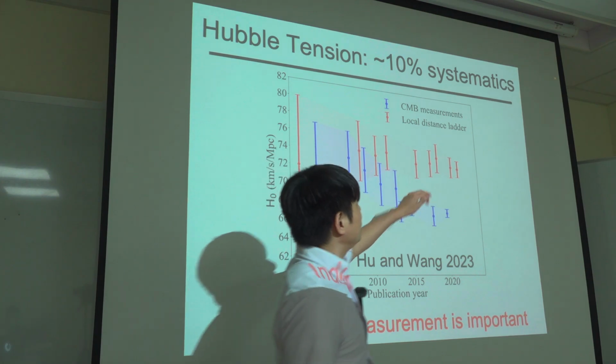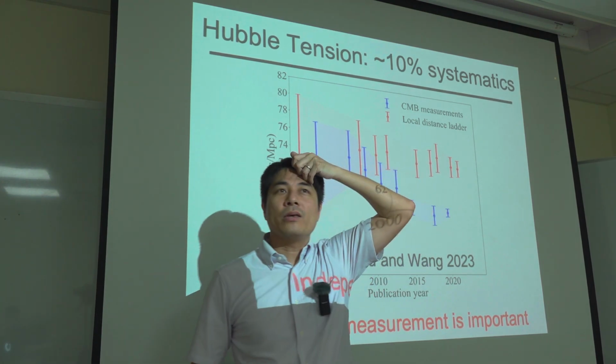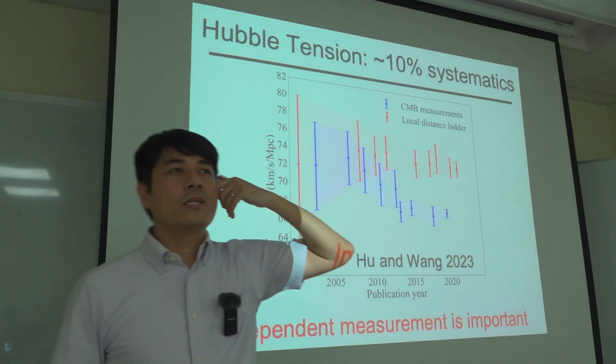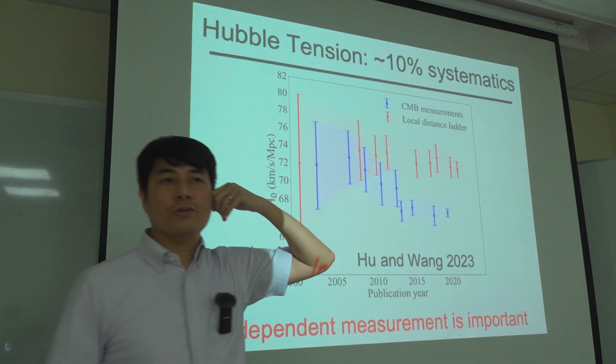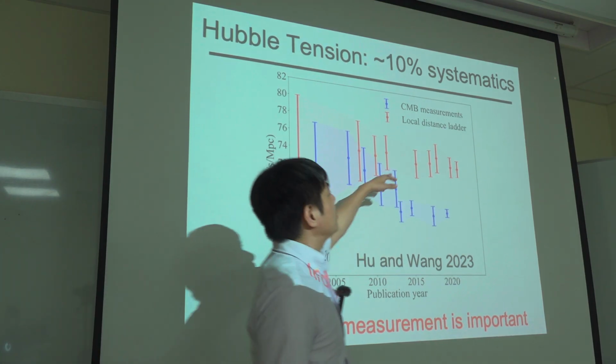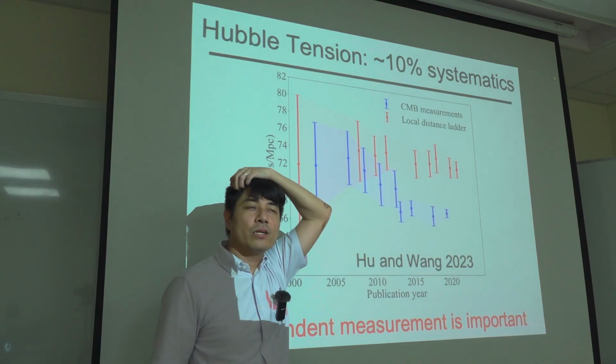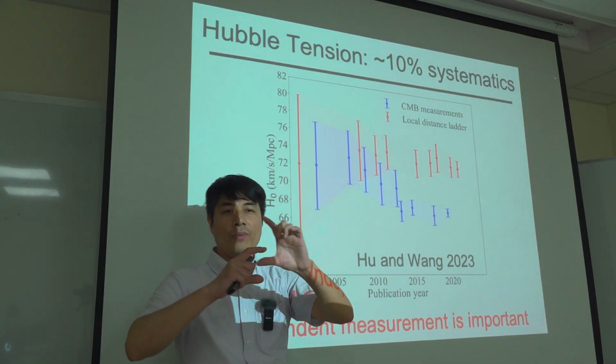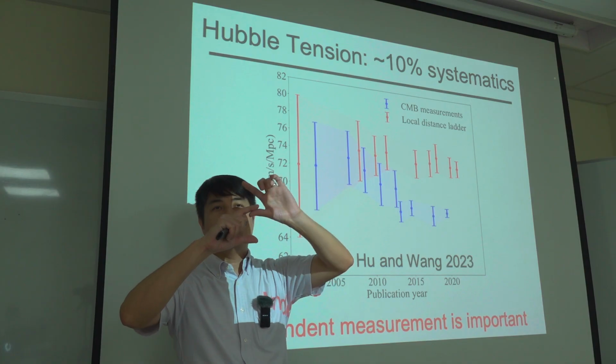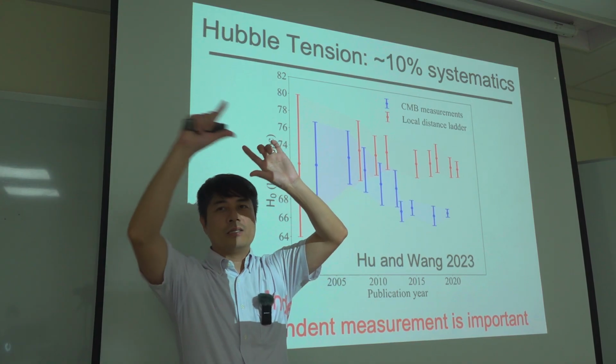People call it parallax. Using parallax, you can measure the distance to nearby sources in the universe. But there is a limitation, we cannot measure distant objects using parallax. Therefore, you need to combine different methods to measure distance.